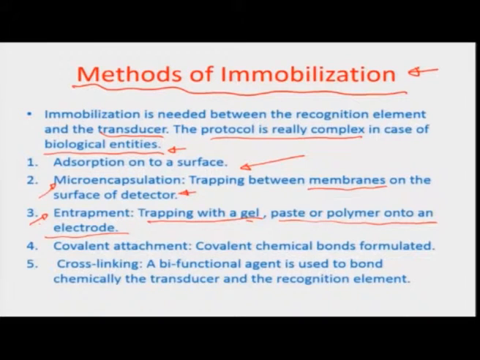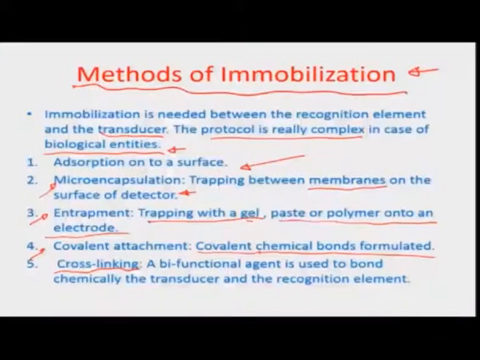You can do covalent attachment of the particular recognition element. For example, you can have chemical bonds formed between the recognition element and the transducer surface, which will give you a sense of how to immobilize. You can do cross linking. Cross linking means that you have another molecule put in place by means of covalent chemistry, a bifunctional linker kind of molecule.